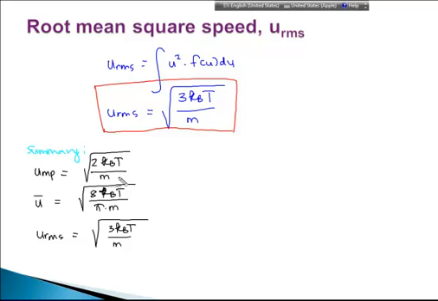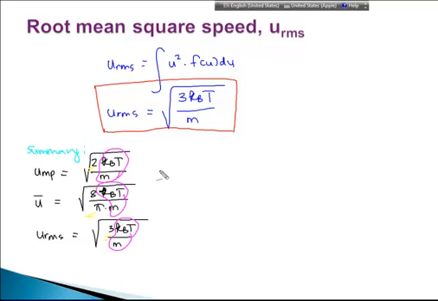As you notice here, each of these has a similar term, kbT over m, but a different integer: square root of 2 here, square root of 8 over pi here, and square root of 3 here.